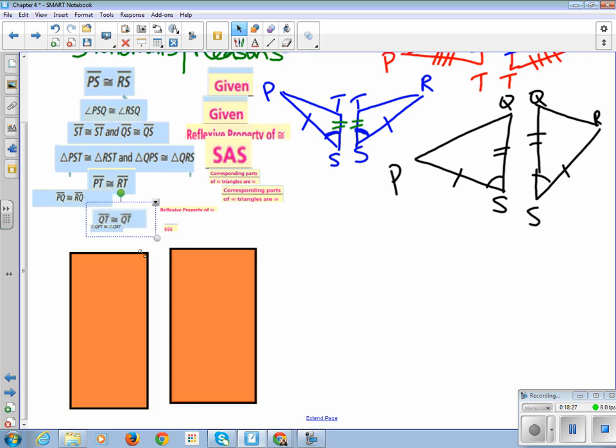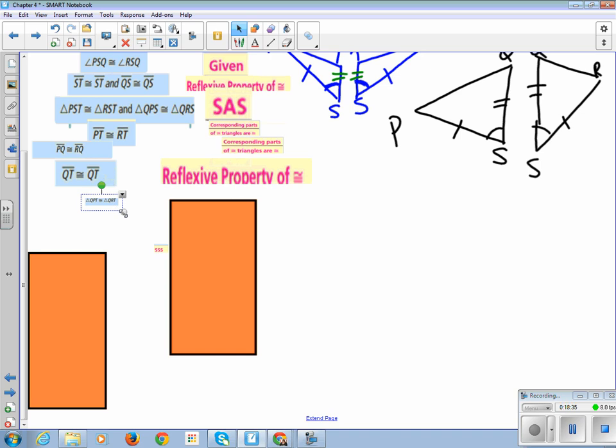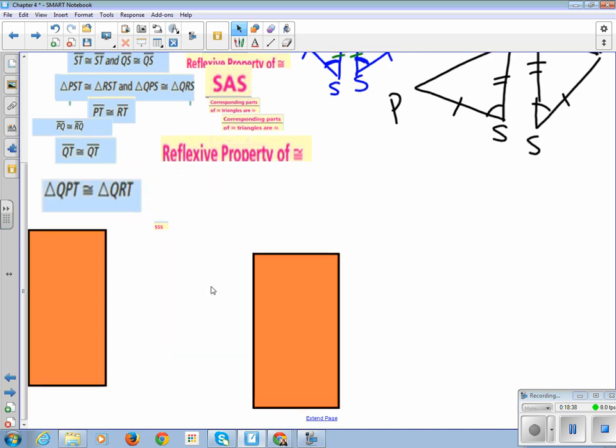Not ever going to make this bigger. So QT is congruent to QT by the reflexive property, and triangle QPT is congruent to triangle QRT by side, side, side.